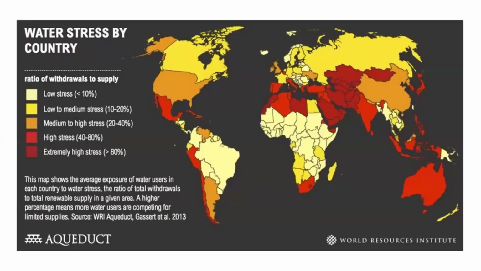So this is the map showing water stress by country. Now you can see we are a high stress country by withdrawal to supply. I'm not going to talk about water resources here, but it's just to give you an idea.